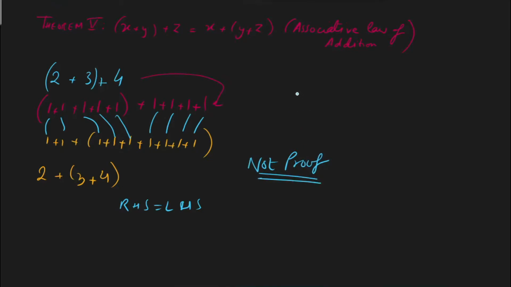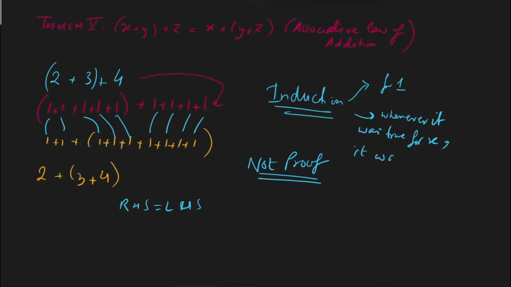In order to prove it, we will have to use induction, right? And what did we do in induction? We first proved that the statement was true for 1, and then we proved that whenever it is true for x, it is also true for x prime.